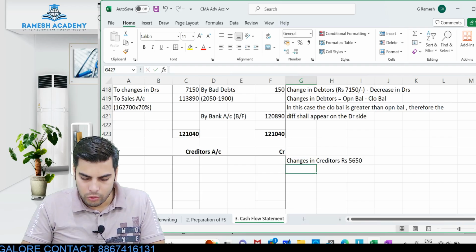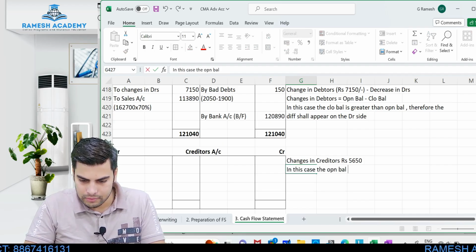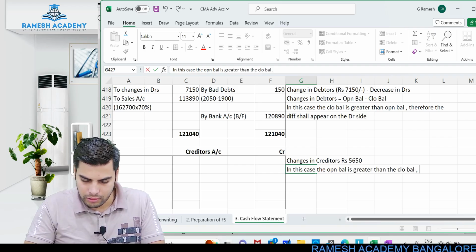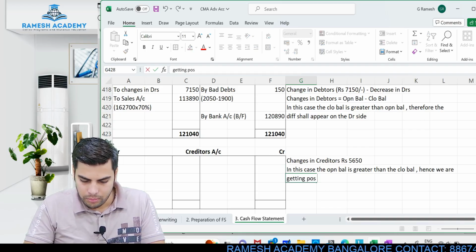Yes, so in this case the opening balance is greater than the closing balance, hence we are getting a positive amount.